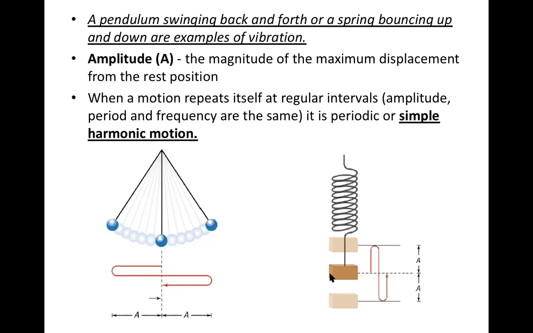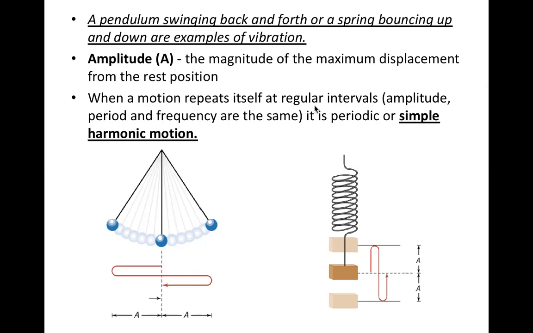We could also have a horizontal equilibrium position, and then if we push up on this object and let it bounce, we've got the maximum displacement up or the maximum hanging point down from the equilibrium. So you can measure amplitude in different ways depending on what your wave or your vibration looks like.